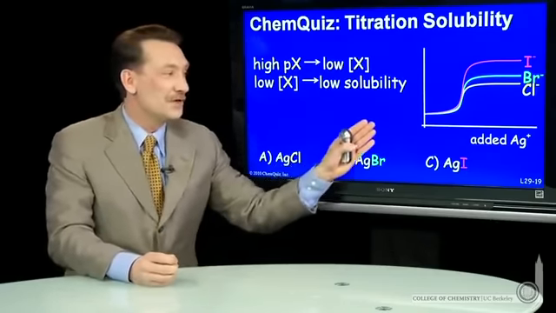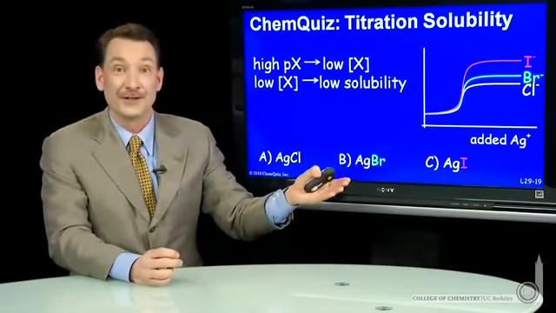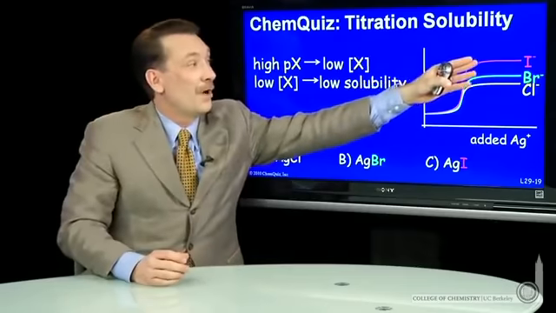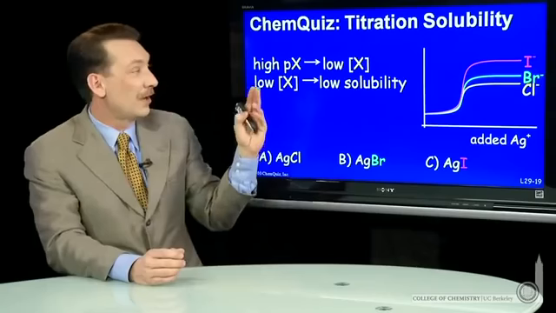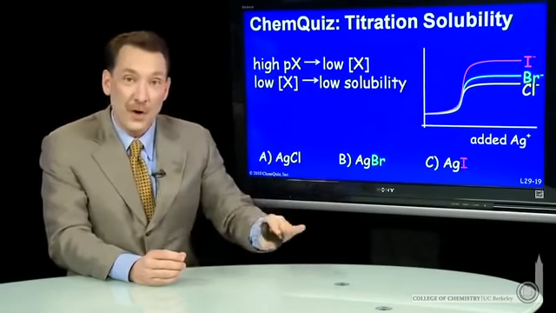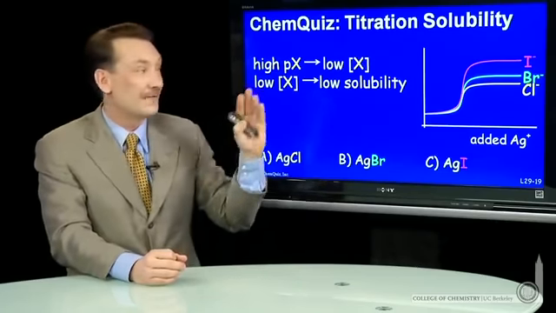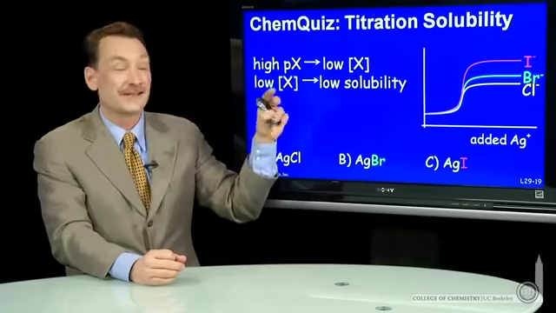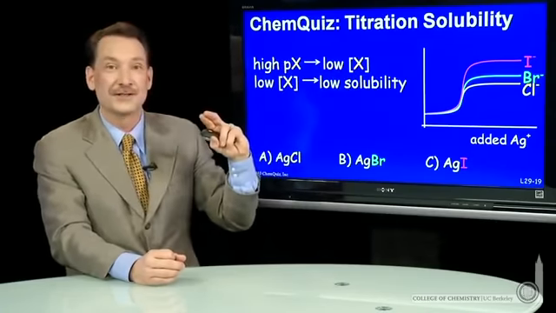The question is, when you've added a lot of silver, essentially excess silver, what are these concentrations of chlorine, bromine, or iodine? Well, the higher the pX, the lower the X concentration. Remember, it's minus log of the concentration that gives you the pX. So minus log of X concentration.